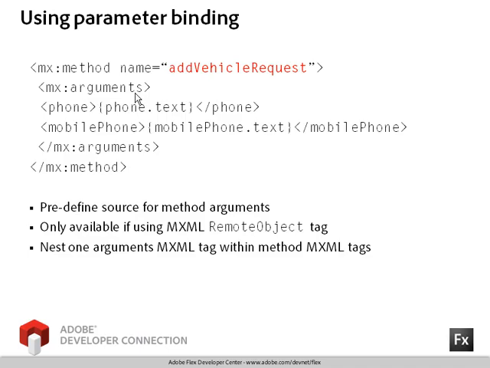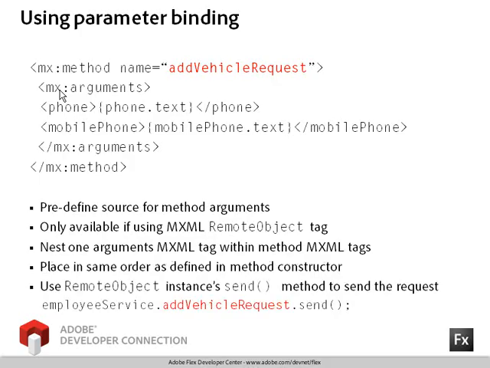You nest an arguments MXML tag within the method MXML tags of the RemoteObject tag block. All arguments are placed in ordinal position, not by name. To call a method and pass the defined values, use the RemoteObject class's send method.